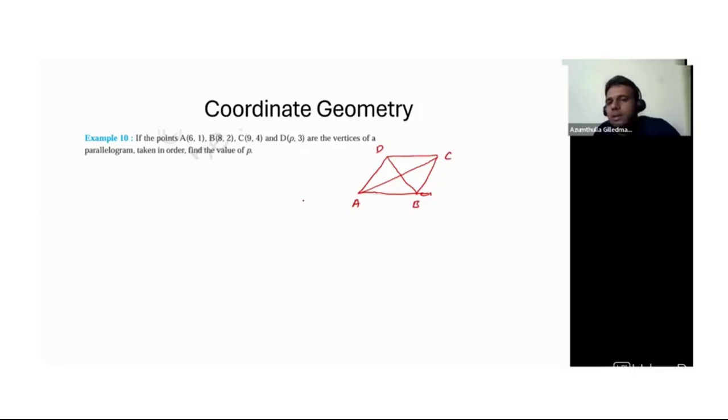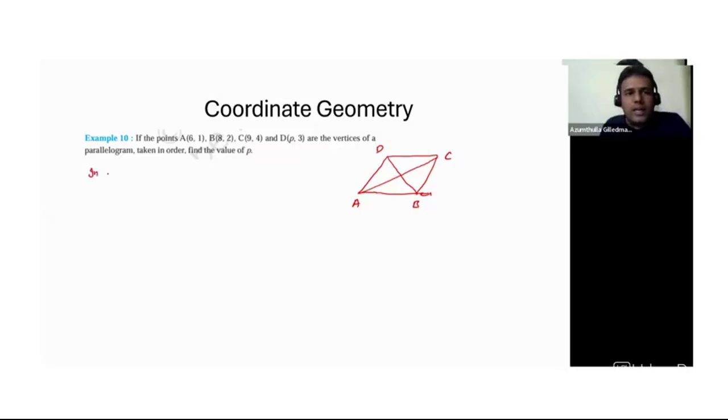Then what other principle we can apply is that AC and BD are the diagonals of the parallelogram, and they intersect at the midpoint. The midpoint of AC and the midpoint of BD should be equal.